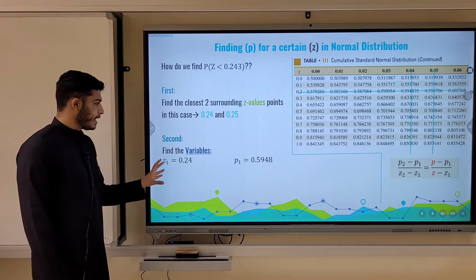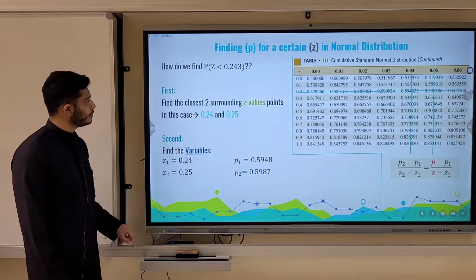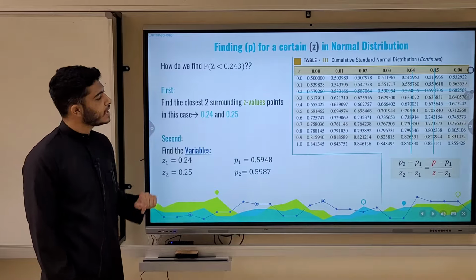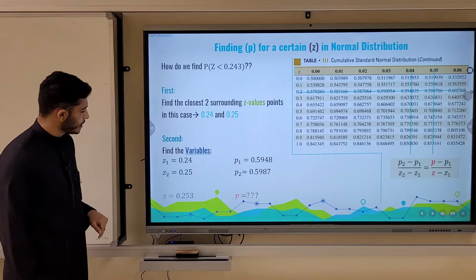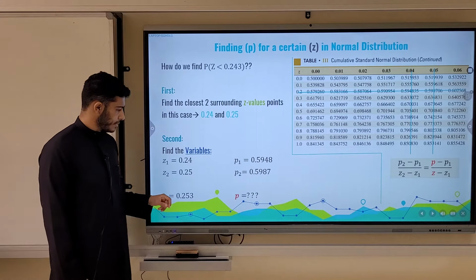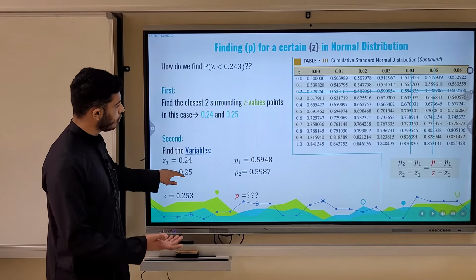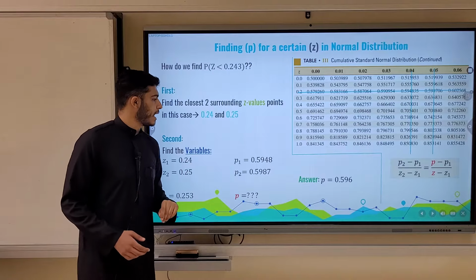So put the variables that you have, Z1 and its probability P1, Z2 and its probability P2. You are given the red Z, but you are not given the red P. You are trying to find P, the unknown in the formula, and after you do the linear interpolation, you're going to get the answer.